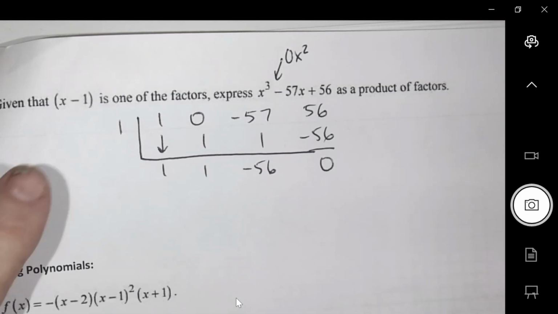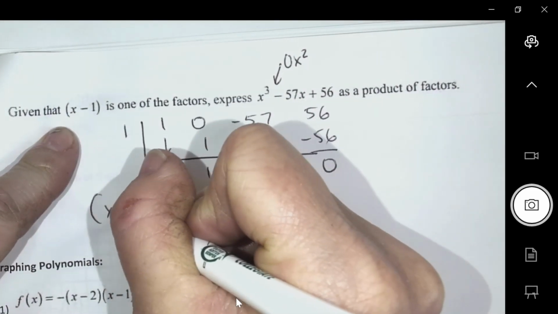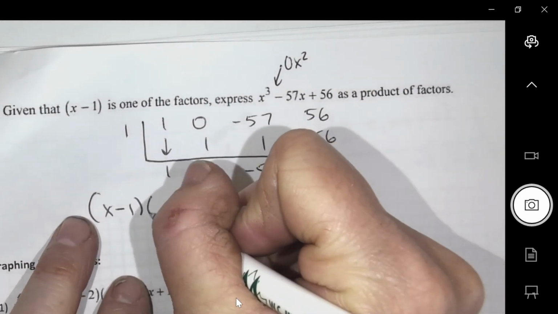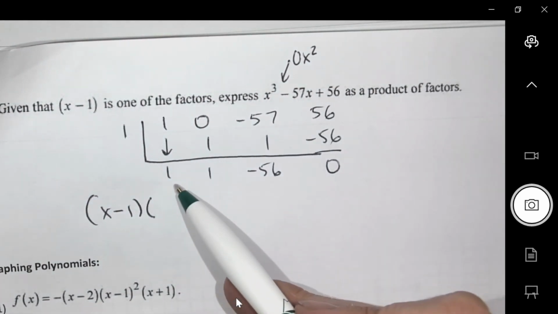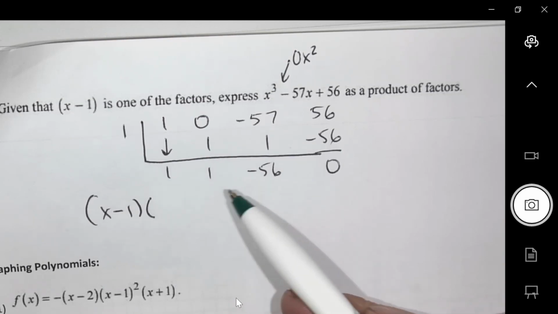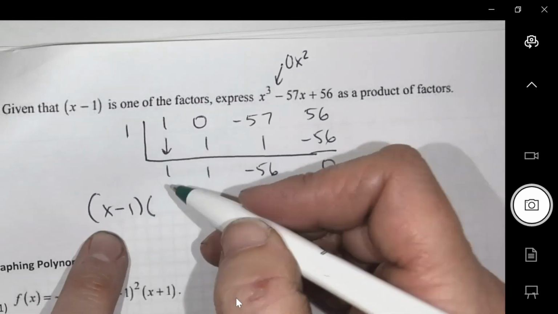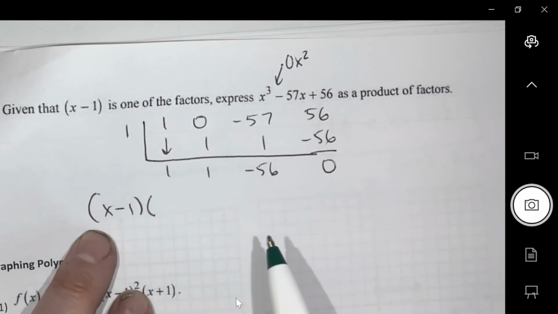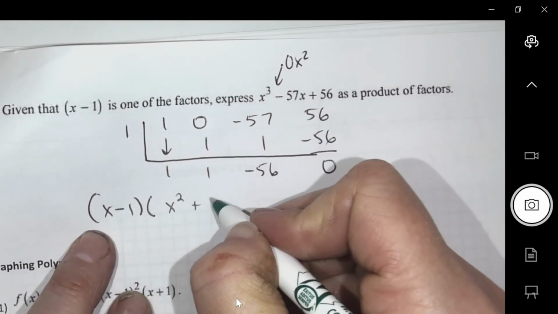Okay, so our first factor was x minus 1. Then our next factor is, how do you write that? It was a cubed, so now the result is a squared.